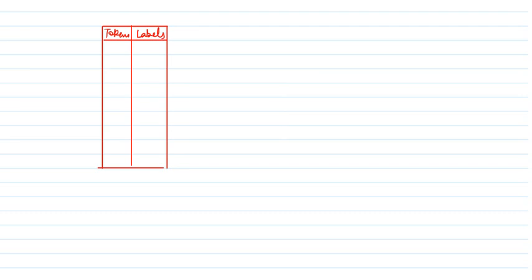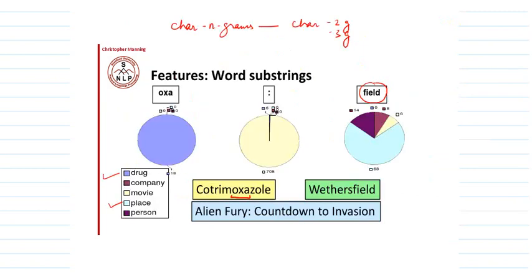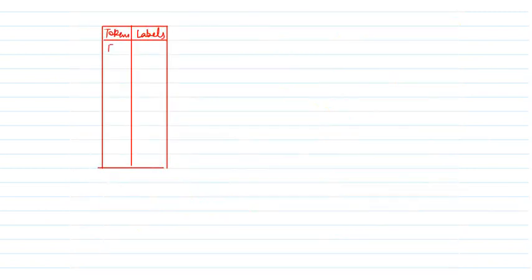So we had this example, Fred showed. Fred is a person and showed is O. So we need to extract features from these tokens and convert them into a feature set.